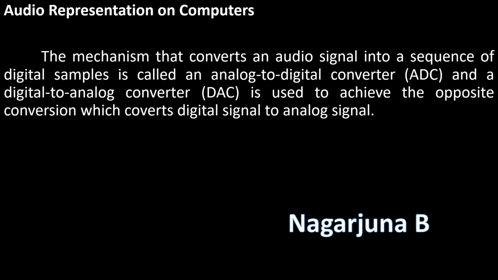The same procedure is used by a digital to analog converter, which achieves it in the opposite direction. That means a digital to analog converter will be converting a digital signal into an analog signal. Digital to analog converter is called a DAC, and analog to digital converter is called an ADC.